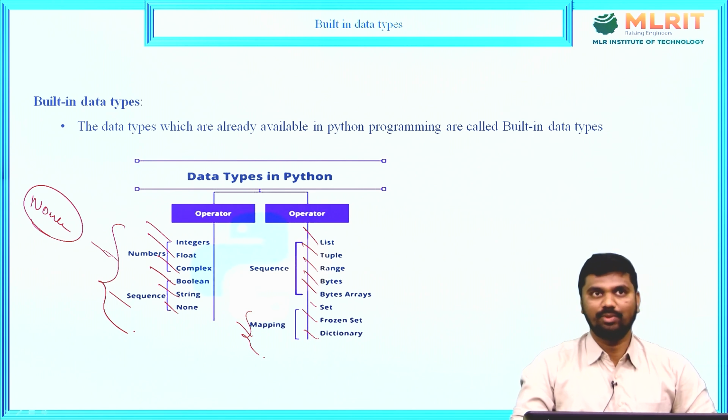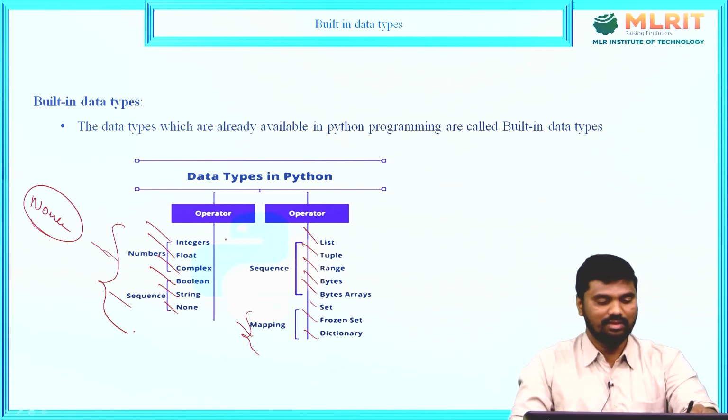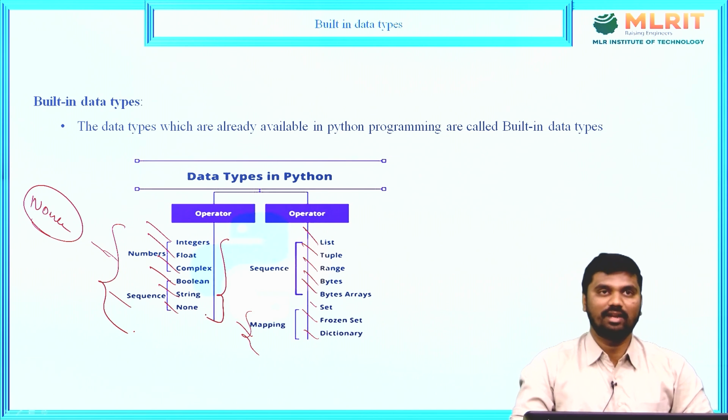In the numbers we mainly have three data types: integers, float, complex, and the other classification is boolean, string, none. Generally in the Python programming language, all these data types are considered as basic data types.